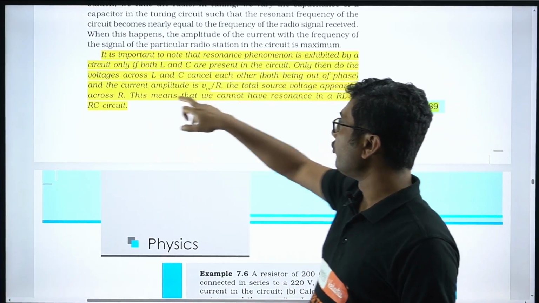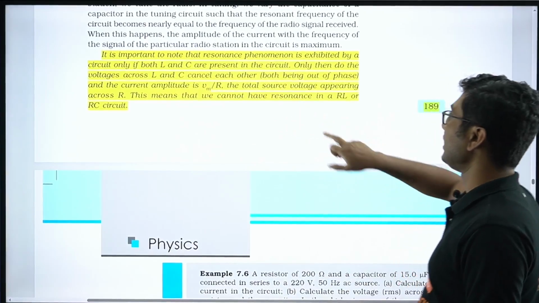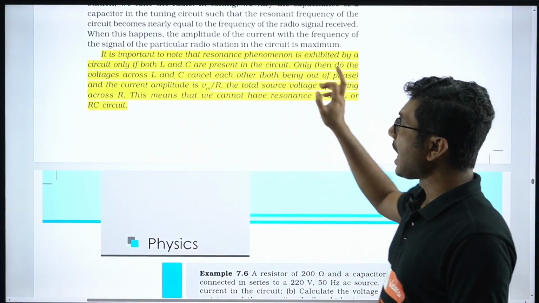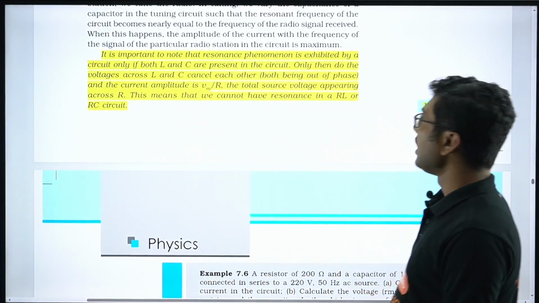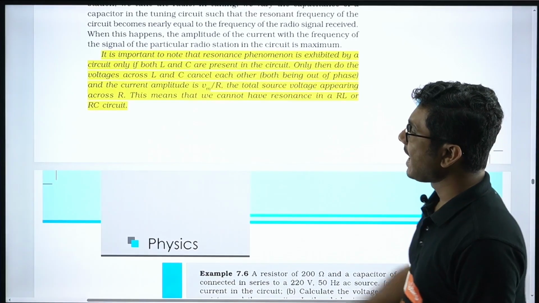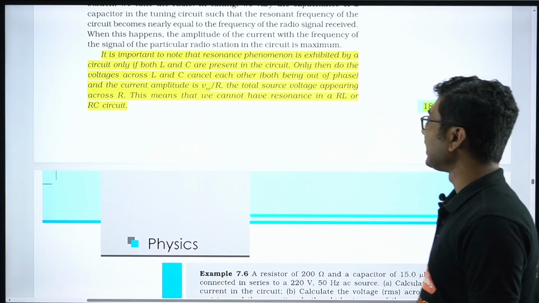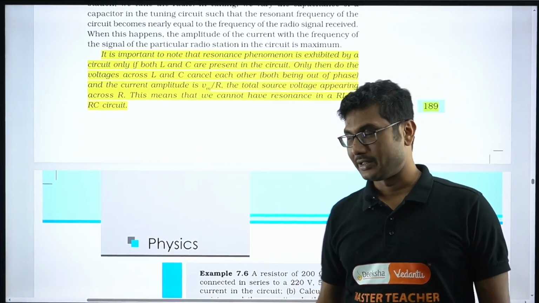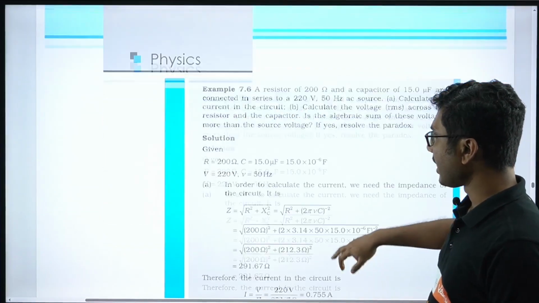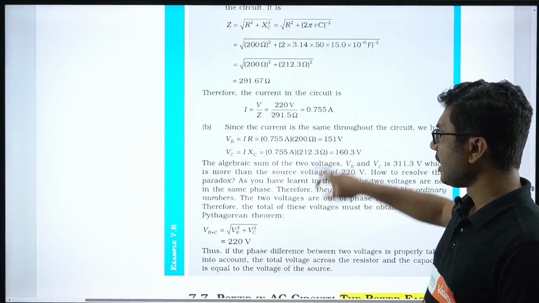Only then do the voltages across L and C cancel each other, being out of phase, and the current amplitude is V by R, the total source voltage appearing across R. This means that we cannot have resonance in an RL or an RC circuit. Okay, so RL and RC circuits cannot have resonance, it is only possible in an RLC circuit.